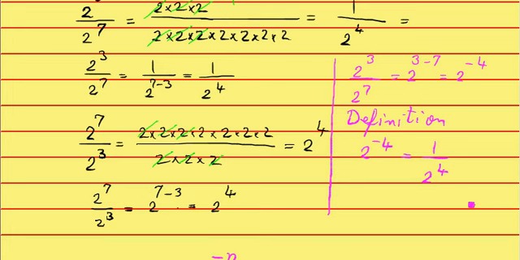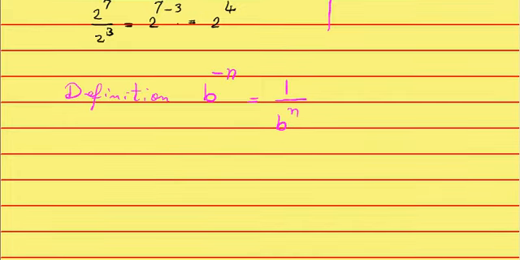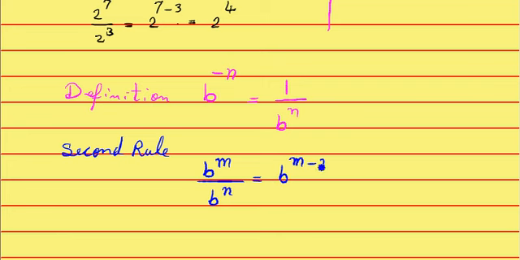While we are here, we might as well also write the second rule of operating with exponents. So if I have b to the power of m divided by b to the power of n, I'll write that as b to the power of m minus n.